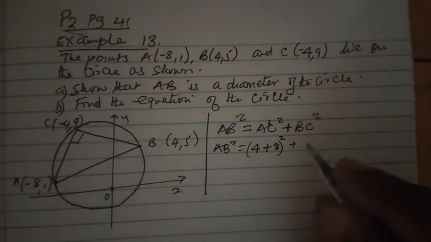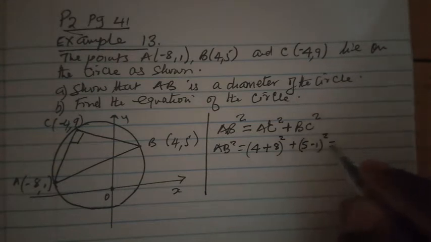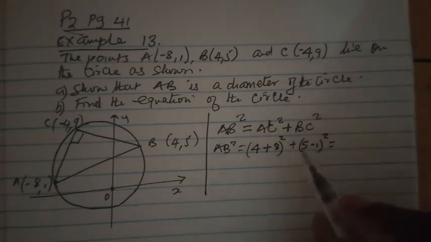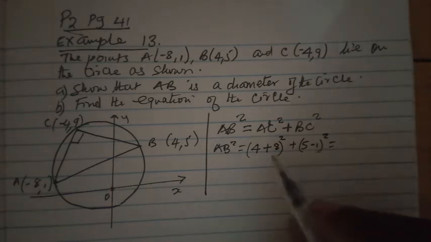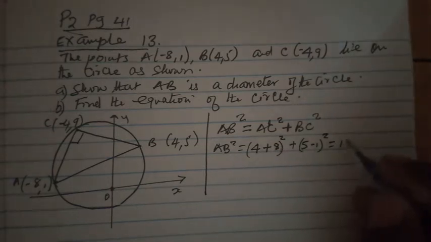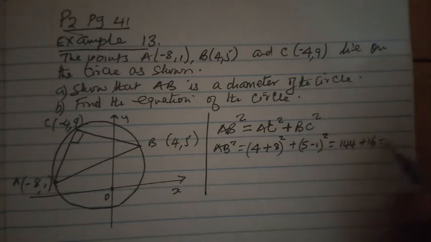Then we have (5 minus 1) squared, which is 12 squared plus 4 squared, which is 144 plus 16, which is 160, and that is our AB squared.